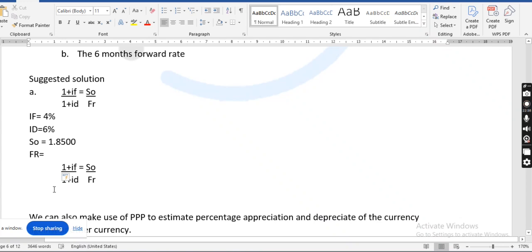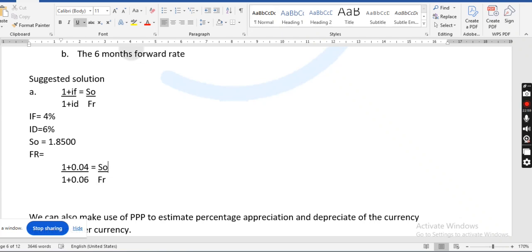So IF is 4%, 0.04, ID 0.06. The spot rate is 1.8500. The FR is not given.